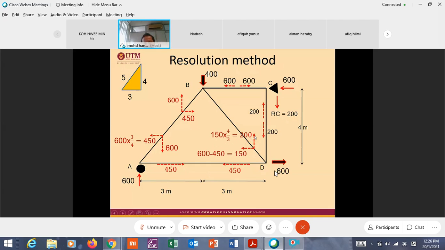Any other member now? No member. Now we have not gone to this joint. So now check this last joint whether it is in equilibrium or not.